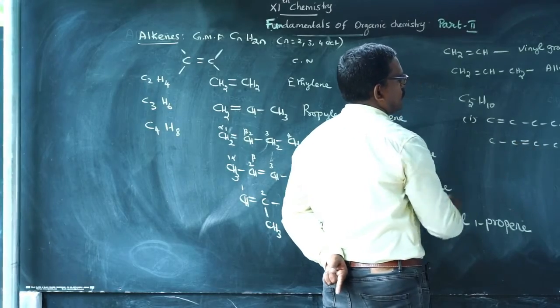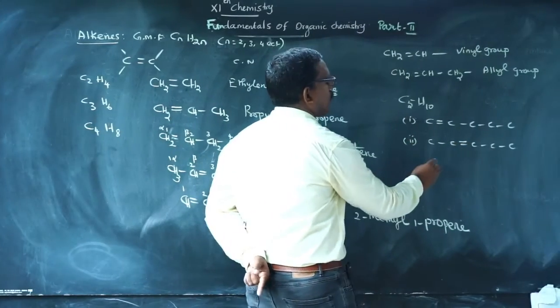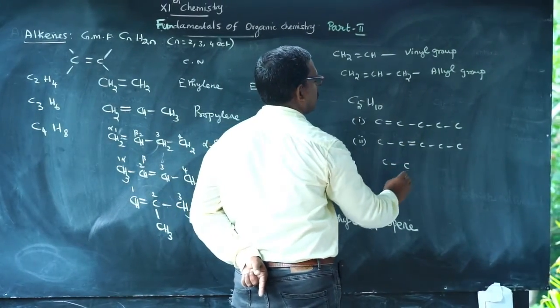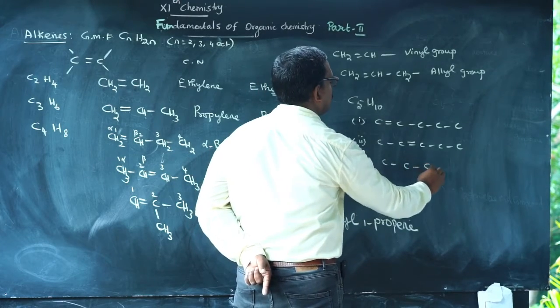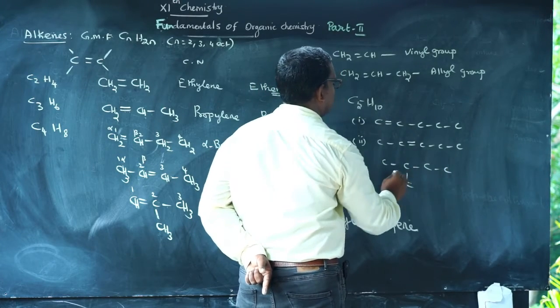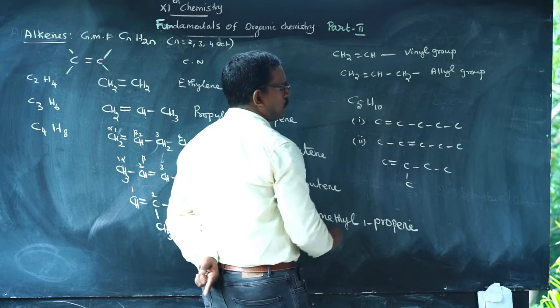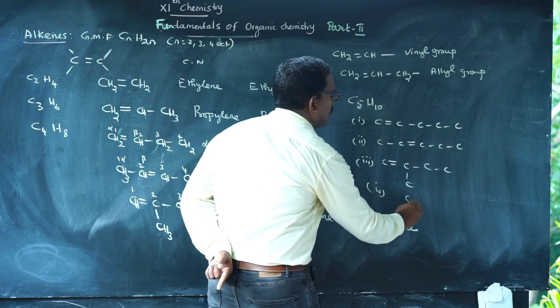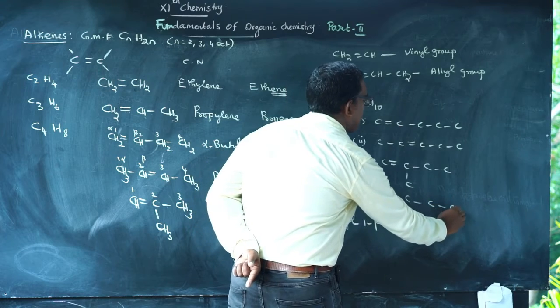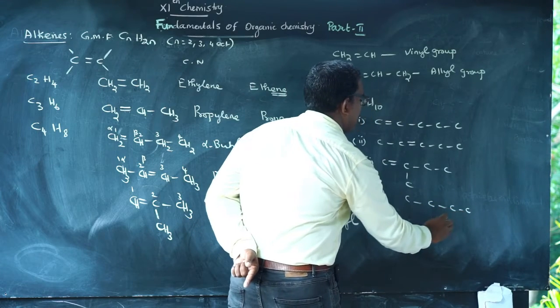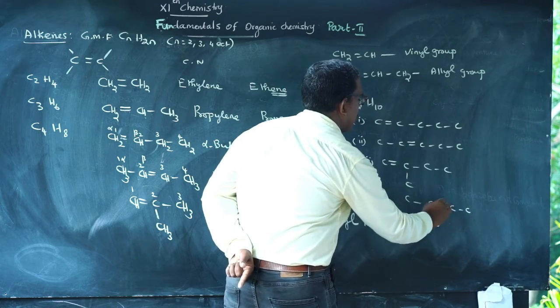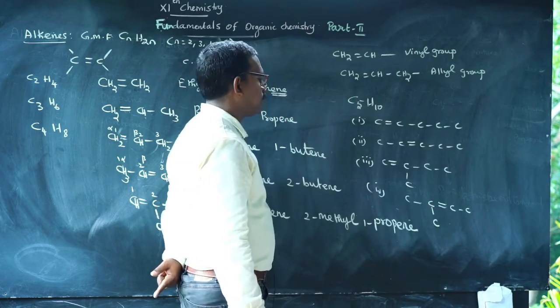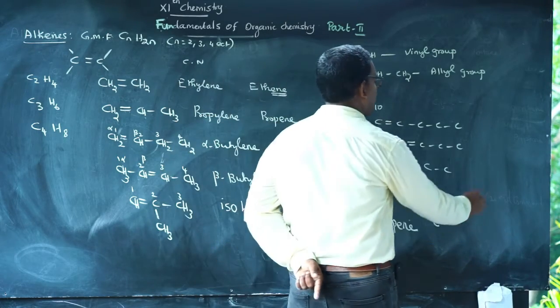Second compound. Then draw the substituents. Here the double bond is the third compound. Fourth compound. Here the double bond. Fifth compound.